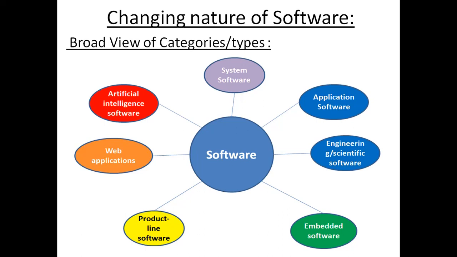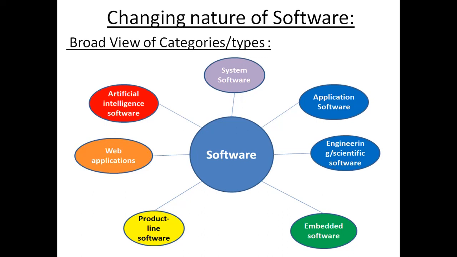Okay. Next is the artificial intelligence software. Basically, the difference between artificial intelligence software and product line software is this: product line means that for developing the products, which start from the raw material and till we achieve the final touch, they pass through certain stages.